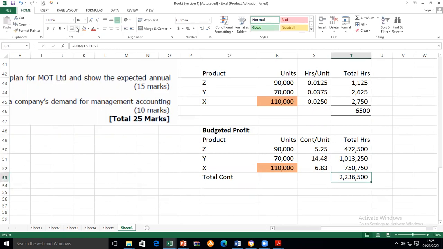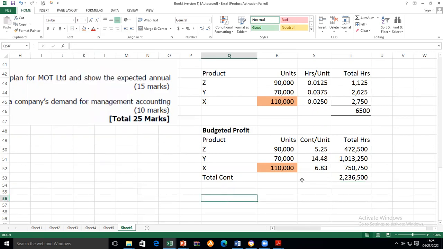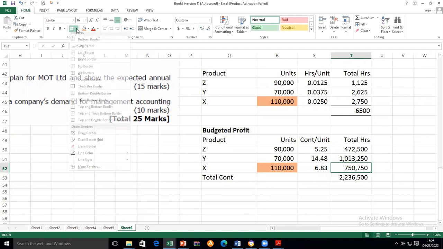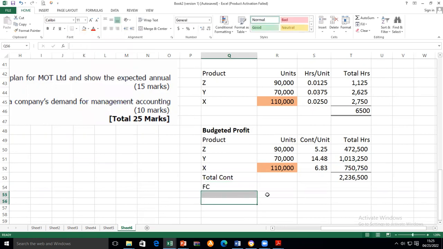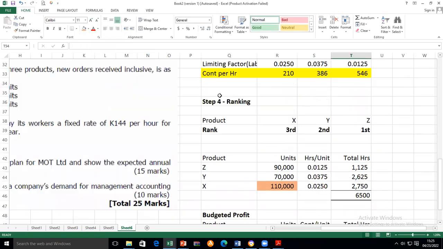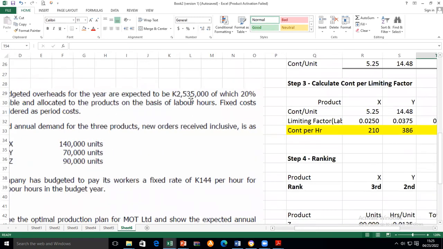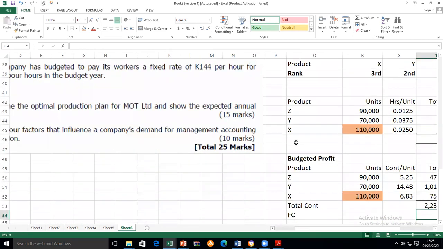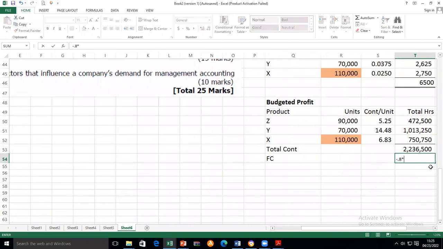What of the fixed cost? How much is the fixed cost? Who can remind us of the fixed cost? There was a total of how much? 2535. 80% was fixed. The contribution per unit figures are not correct there.